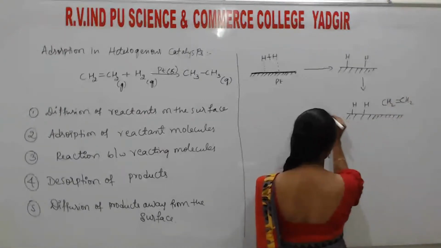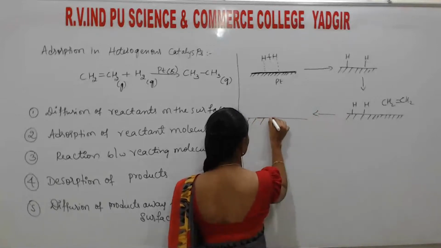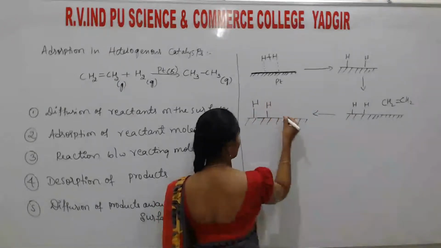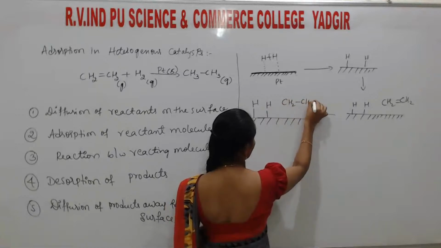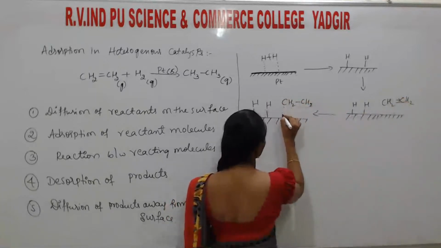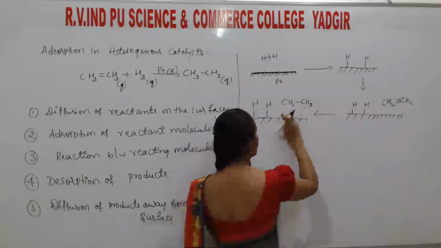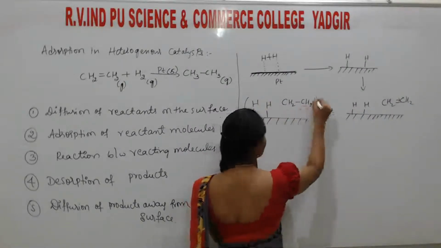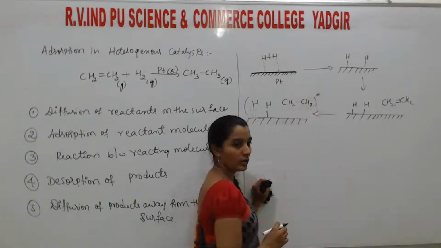Understand? So students, next what happens? Listen, a bond breaks here and bond formation takes place here. This reaction forms an activated complex, marked with a star.